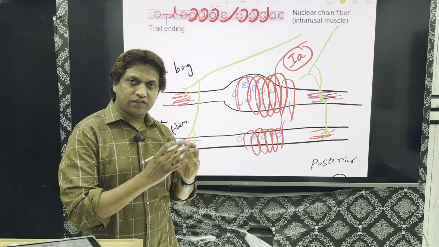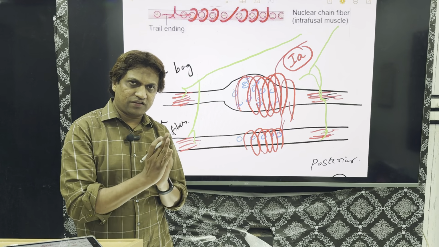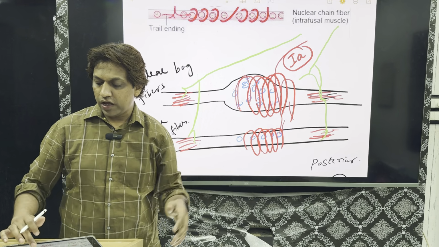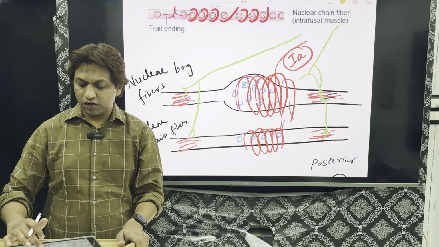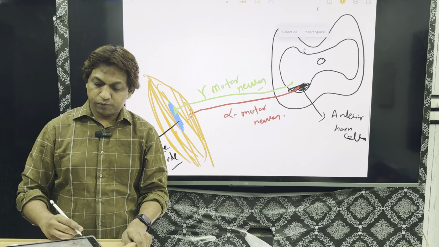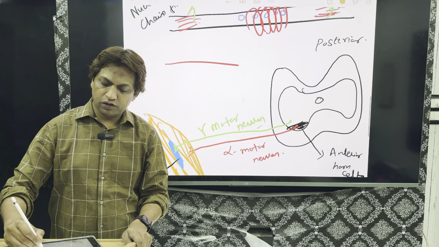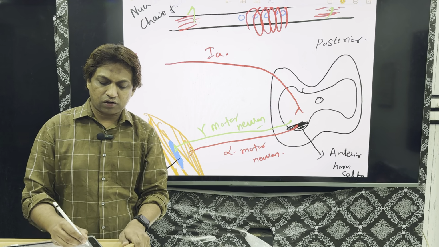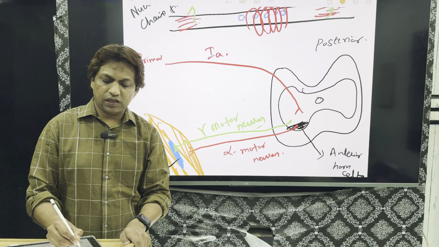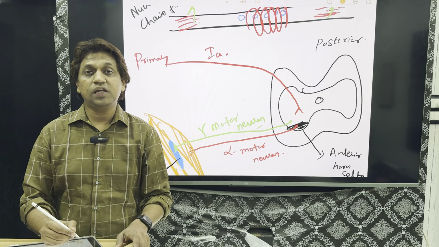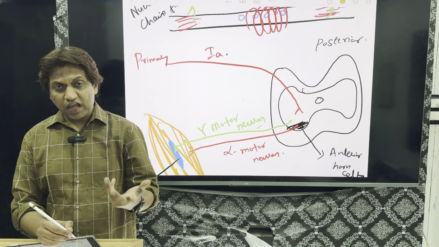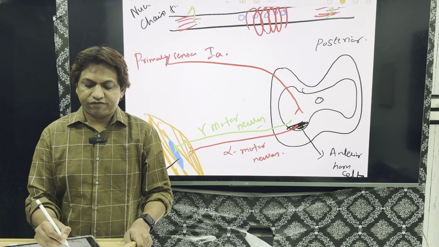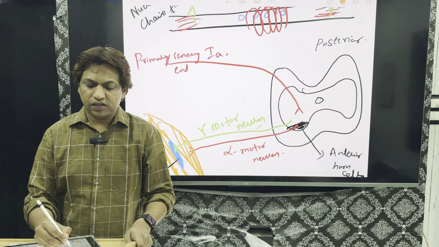These type 1A neurons carry the sensation whenever the muscle spindle is stretched; it gets stimulated and the action potential is carried to the spinal cord, entering through the posterior root of the spinal cord. These fibers are called primary afferent fibers, or primary sensory nerve endings.